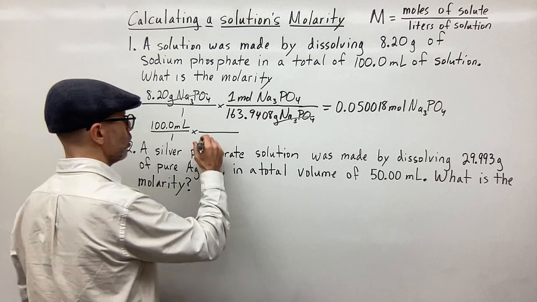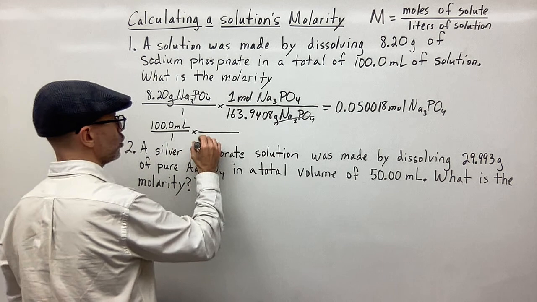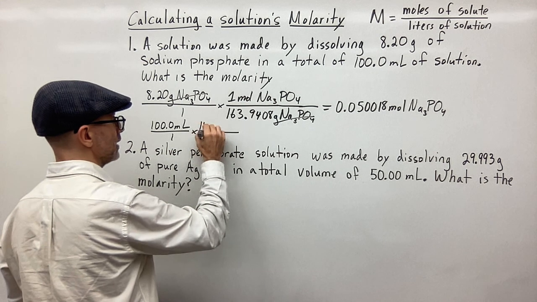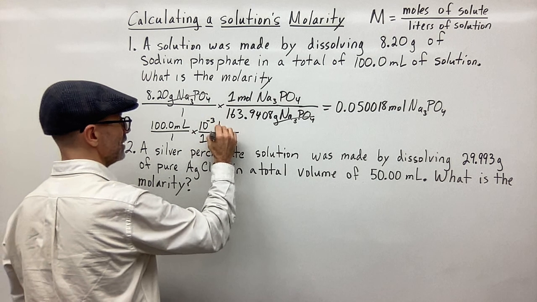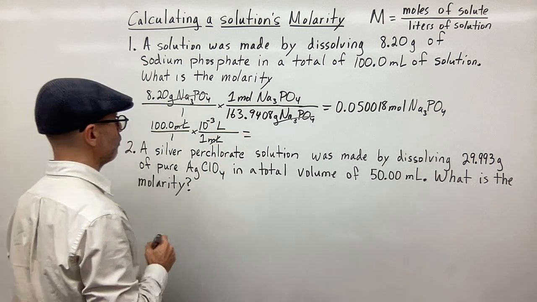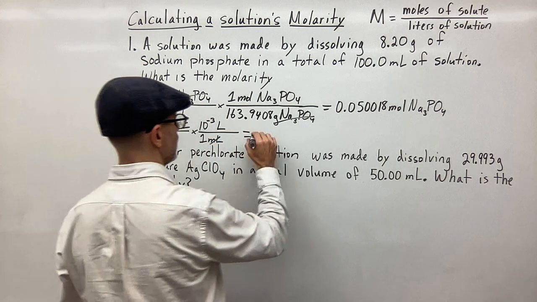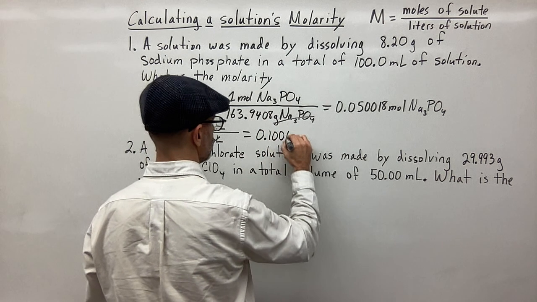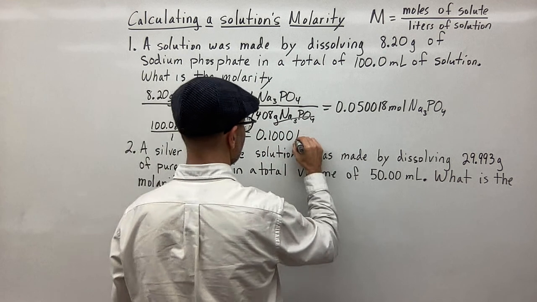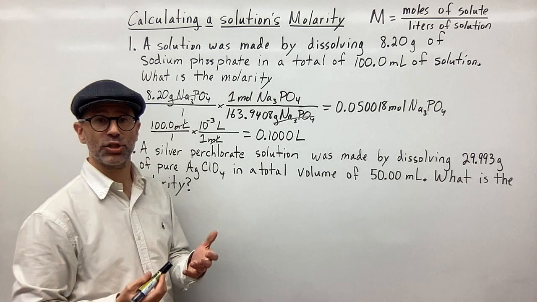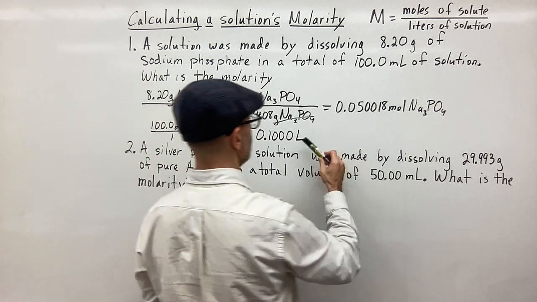Either way works. So here I'm going to do 1 milliliter on the bottom and 10 to the negative 3 liters on top. So milliliters cancel out, and when we calculate this, we get 0.1000 liters.